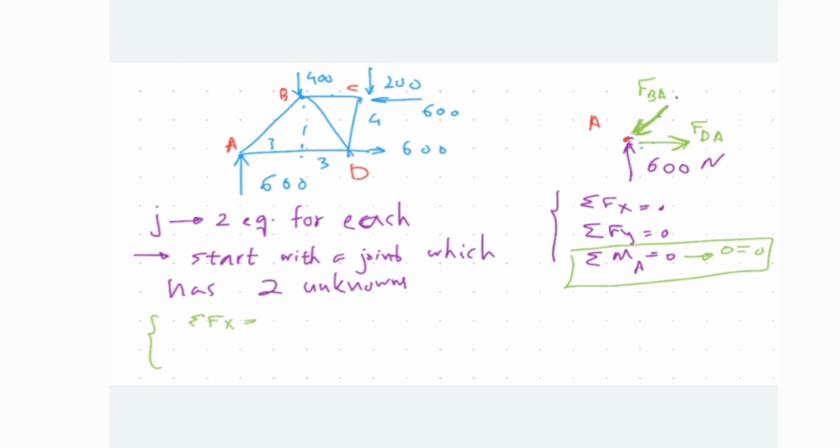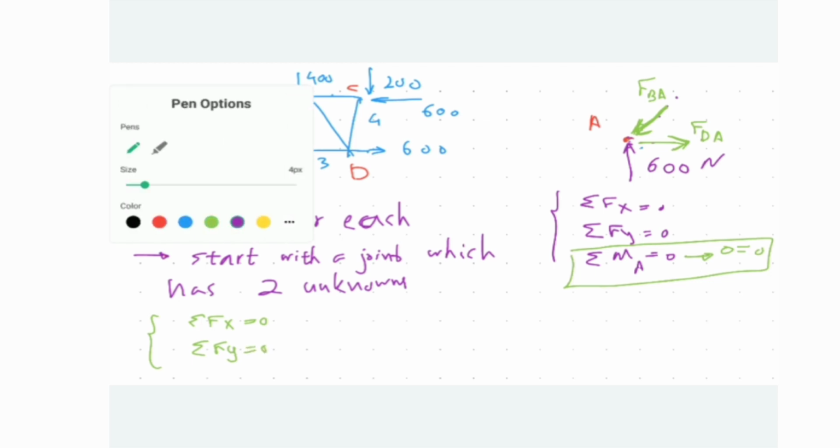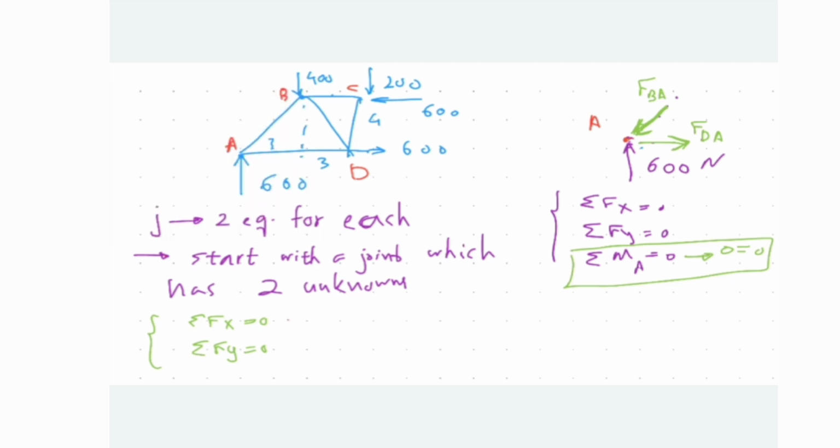Sigma of x equal to 0 and sigma of y equal to 0 are the equations that help me find my unknowns. Let's write down sigma Fy. It's better to start with that, because you can find the unknown directly.